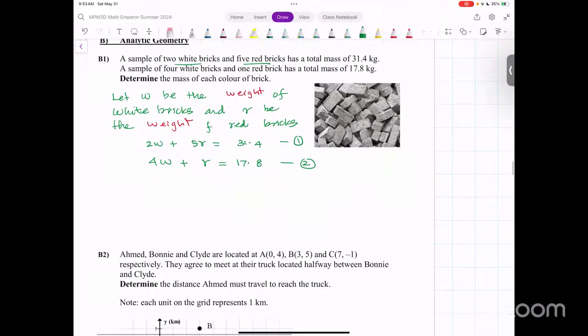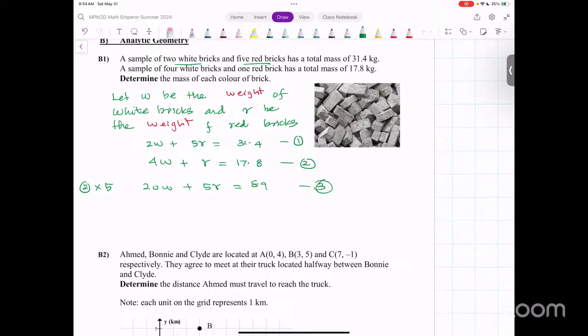Sometimes it's easy to do substitution or elimination. So I'm going to do elimination. I'm going to say 2 times 5, so 20W. I'm going to multiply that by my 5, 17.8 times 5, 89.